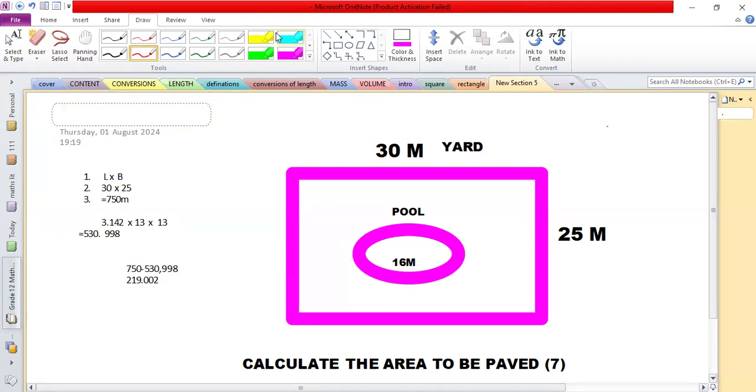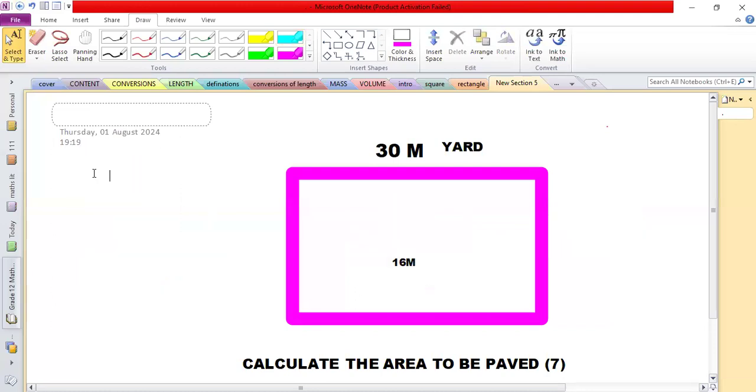So when you want to calculate the yard, let me start at the beginning because my previous answer had a lot of confusion. Now I am writing on the left: area to be paved. Area to be paved is equal to yard minus pool.